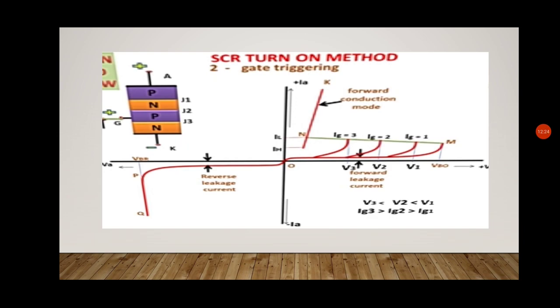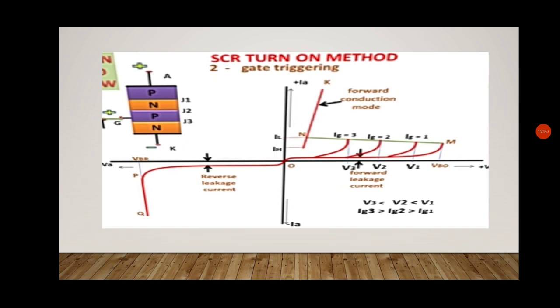Again, when we keep on increasing I_g, that is the gate current, the breakdown occurs at V2, which is much lesser than V1. Again, when we increase it to I_g3, the voltage at which breakdown occurs is V3. Now V3 is lesser than V2 and lesser than V1, but I_g3 is greater than I_g2 and greater than I_g1.